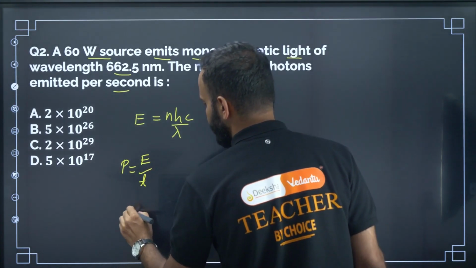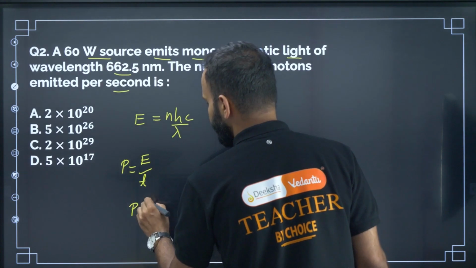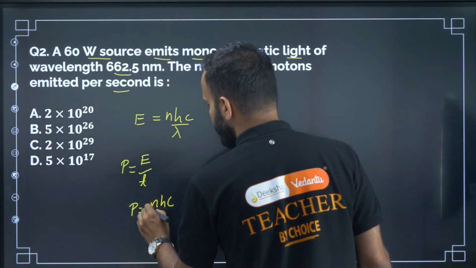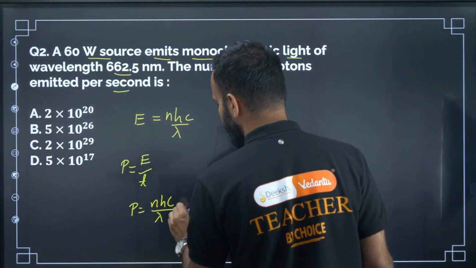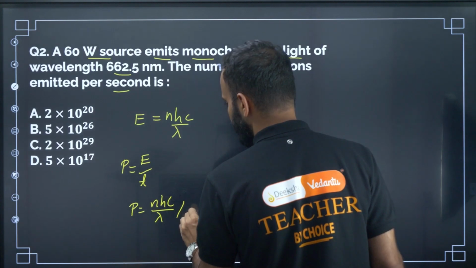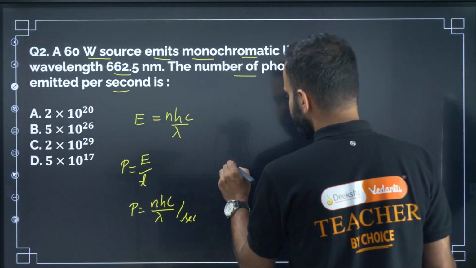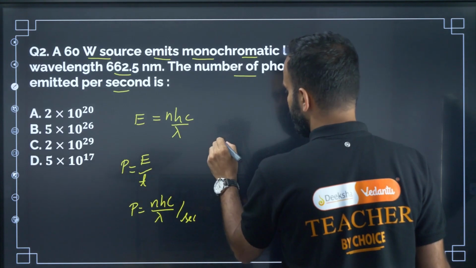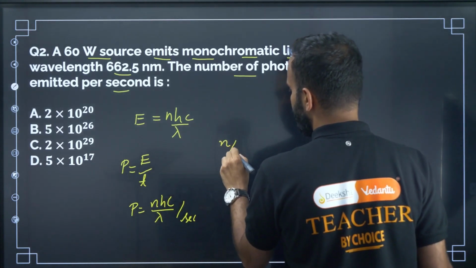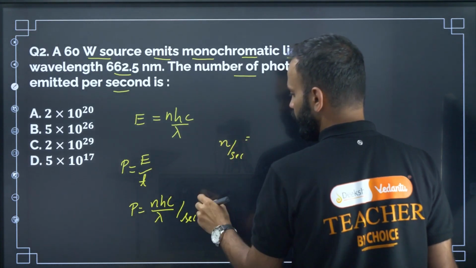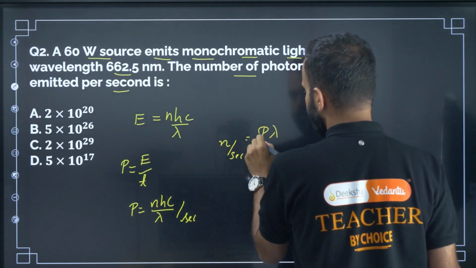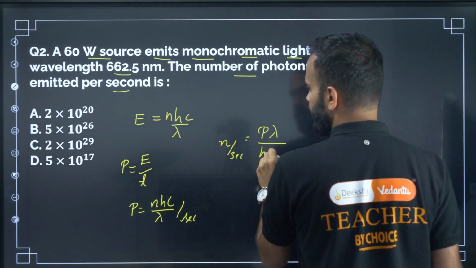T equal to 1 second. So P equal to nhc divided by lambda per second. Now here n per second is equal to P into lambda divided by h into c.